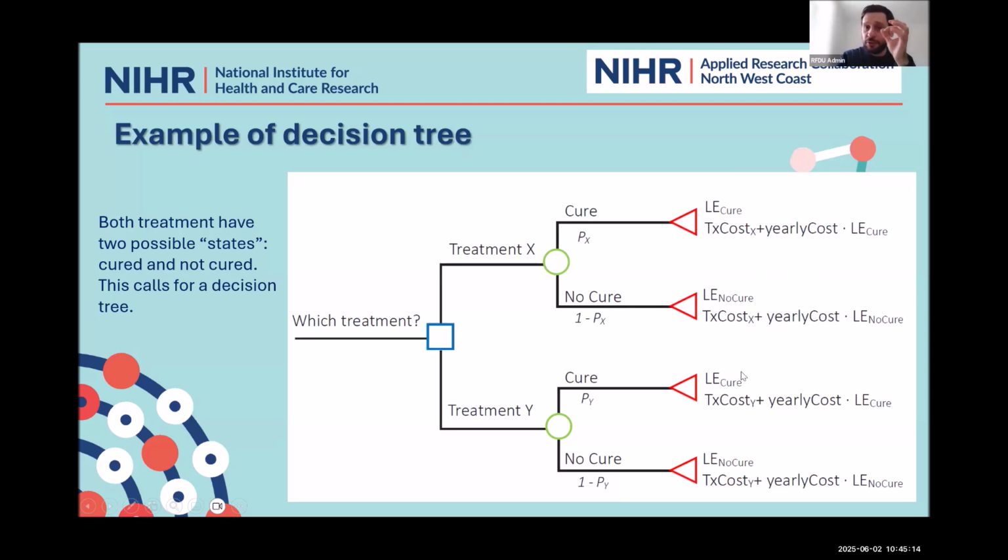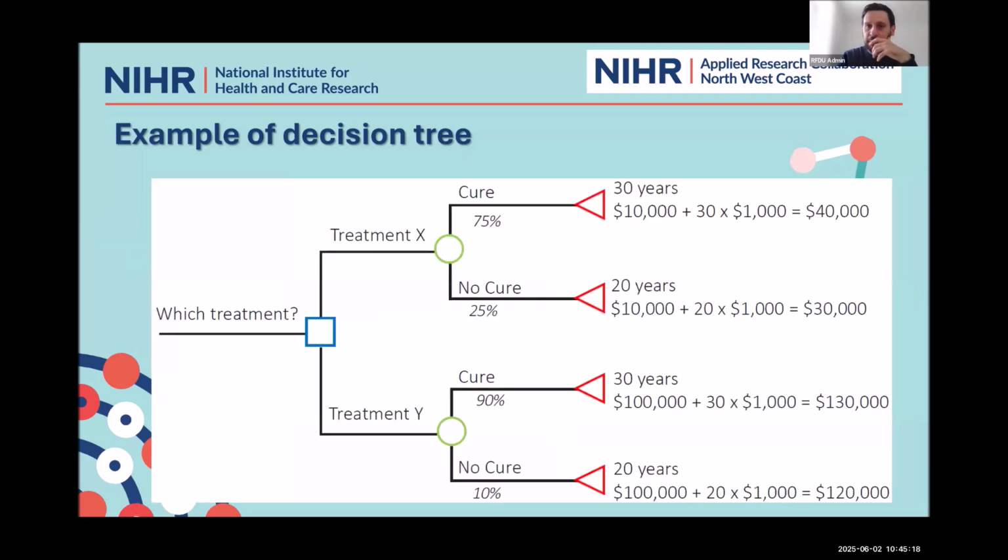Okay, let's try to put numbers. So maybe things will be even easier now with numbers. As I mentioned before, we have some probability attached to being cured or not as a result of receiving treatment X or treatment Y. In particular, if I'm a patient and I go to treatment X, I get cured, my life expectancy will be 30 years. If I don't get cured, instead, my life expectancy is going to be lower, 20 years.